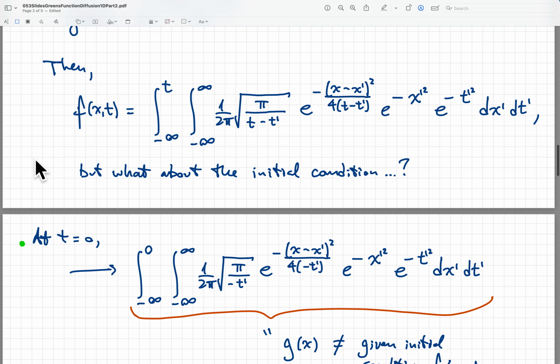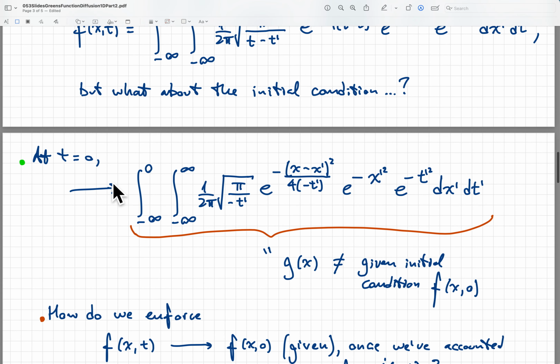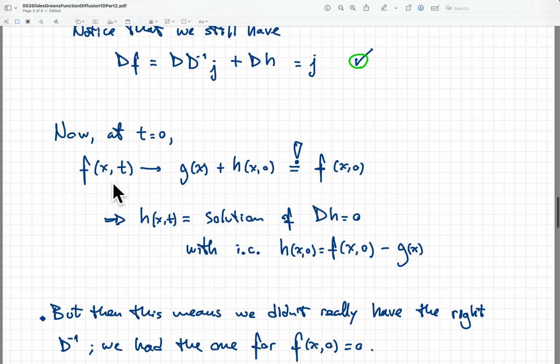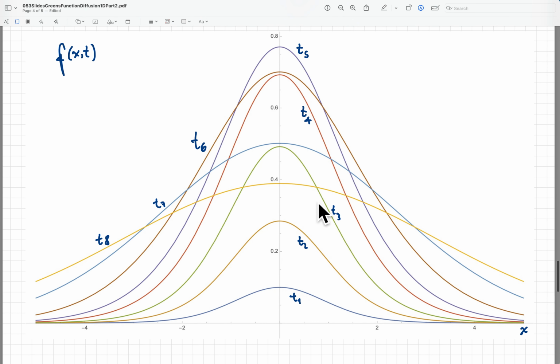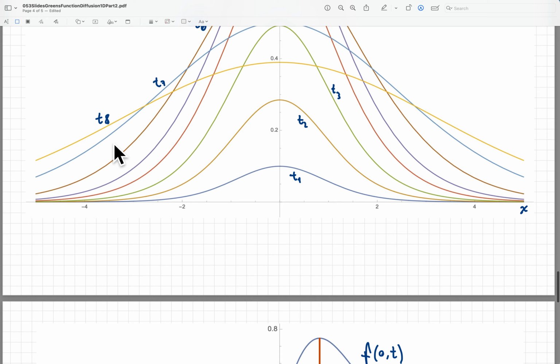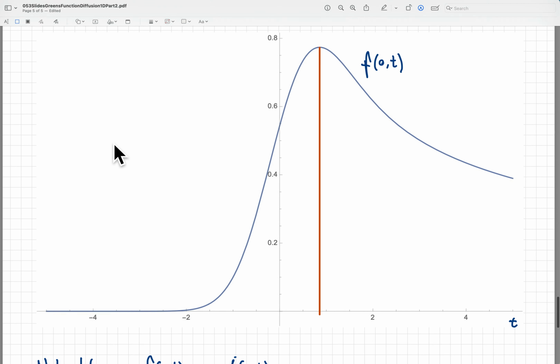You can just have it do one, because the inner integral over x prime can be done analytically. So once you have that, it will be very easy for you to plot these types of curves at different times, and also this curve at fixed position as a function of time.